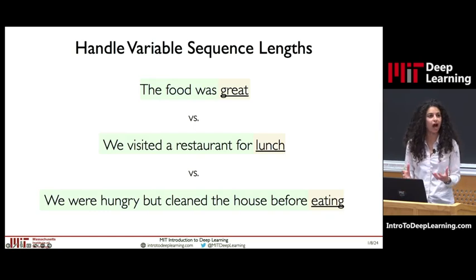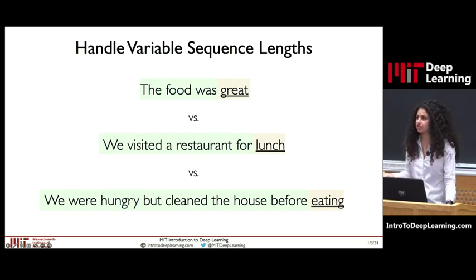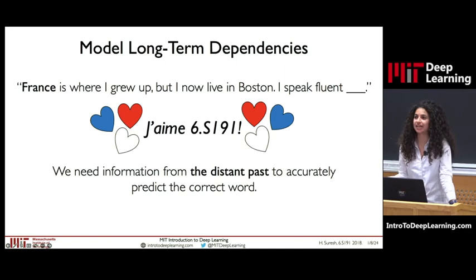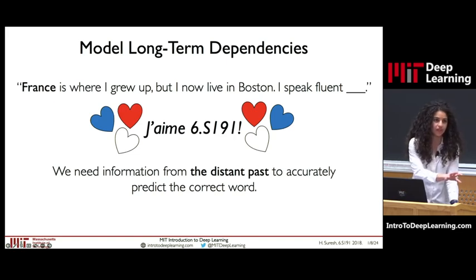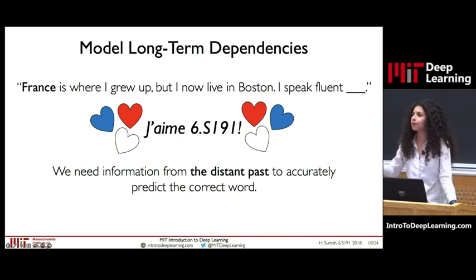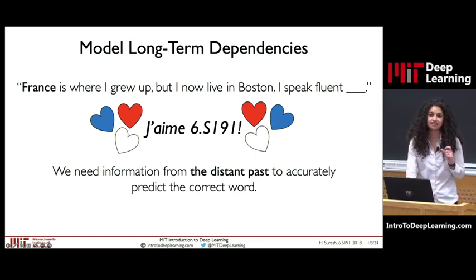The issue that comes with the ability to handle these variable sequence lengths is that now, as your sequences get longer and longer, your network needs to have the ability to capture information from early on in the sequence and process on it and incorporate it into the output maybe later on in the sequence. And this is this idea of a long-term dependency or this idea of memory in the network. And this is another very fundamental problem to sequence modeling that you'll encounter in practice.